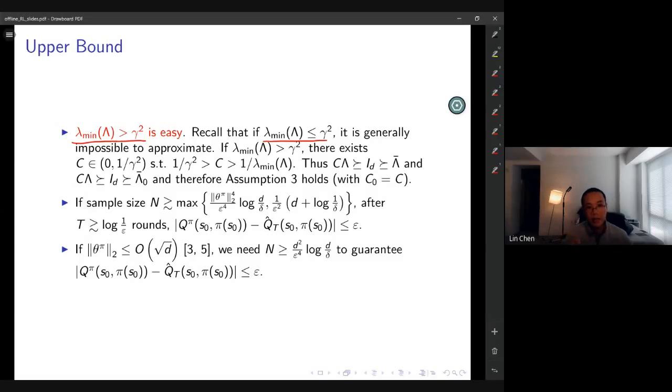And if lambda min of the covariance matrix is greater than gamma squared, then assumption 3 holds with some constants C and C0. So here is the argument. If this happens, then we know that there is some constant c such that 1 over gamma squared is greater than c and greater than 1 over lambda min of lambda.